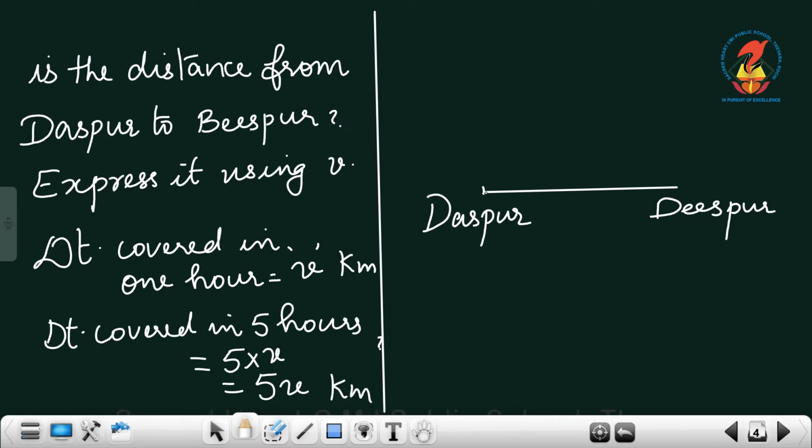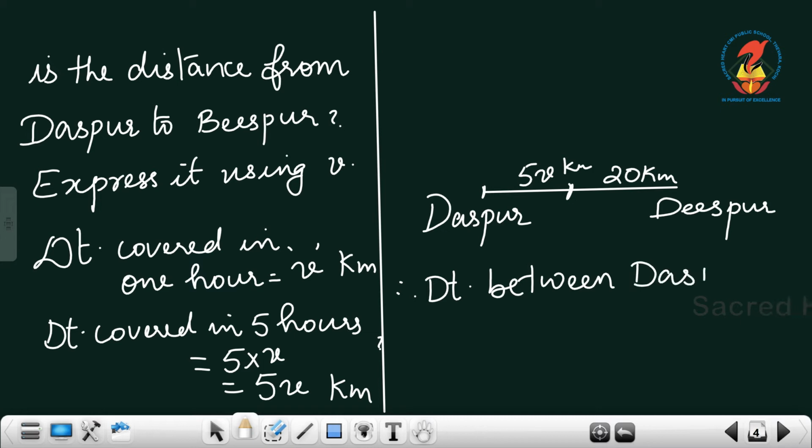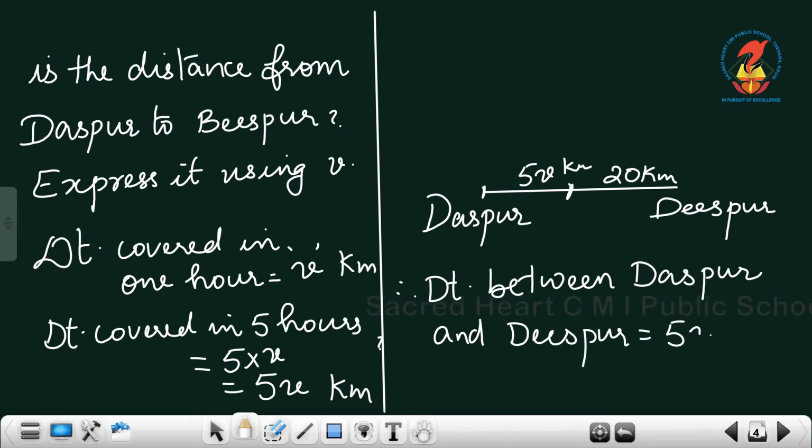So it started from here and covered 5V km, then 20 km remain. So the distance between Daspur and Bispur is 5V plus 20 kilometers.